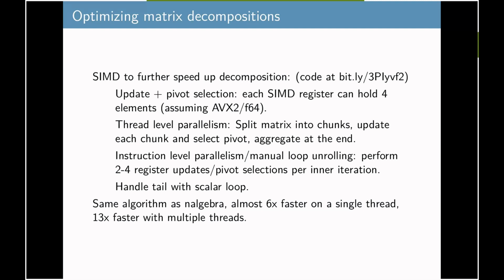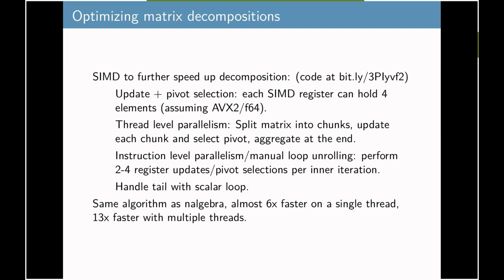So here, the code is very complex. I'm not going to go through all of it, but if you want to see it, I linked the GitHub in the slide. The idea is that you want to perform multiple optimizations. For example, instead of doing the update and the pivot selection one step at a time, you want to use a vector register to process multiple elements at the same time.